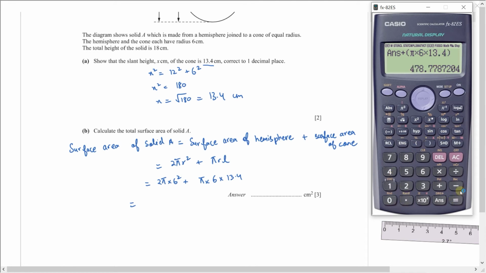This is 478.778. If you want, you can write it to 3 significant figures, so this will be 479 centimeters squared.